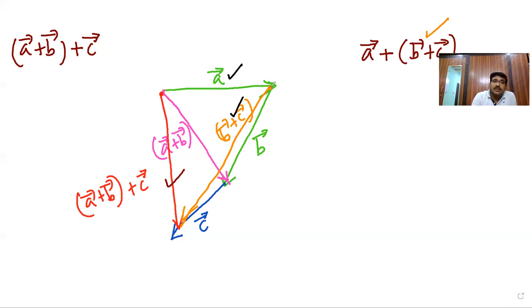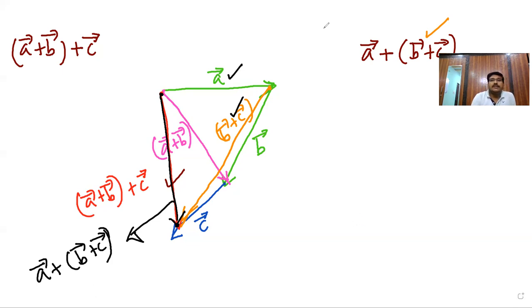This is B bar plus C bar vector. What is the resultant? Resultant is the same: initial point to the final point. Again, this will be the resultant. Okay, this indicates A bar plus B bar plus C bar.